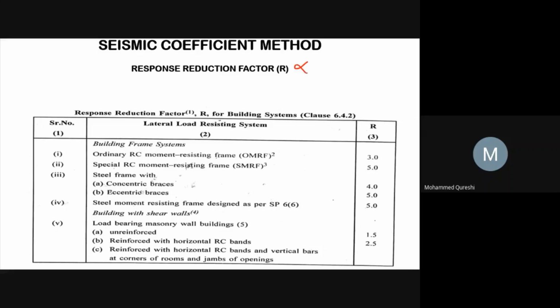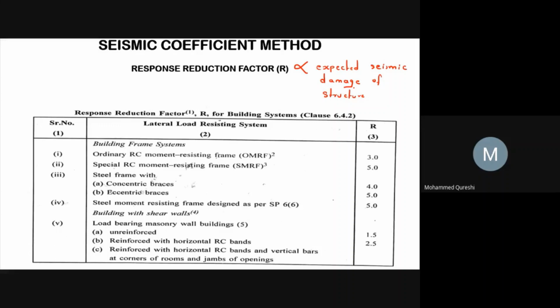Generally, R depends on the expected seismic damage of the structure.